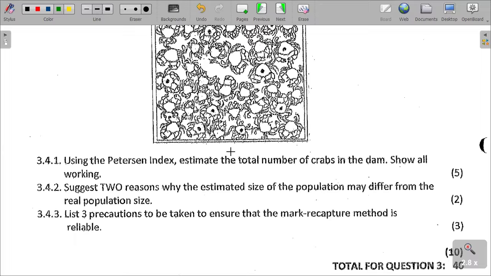Using that formula, how do we calculate the population of these crabs?